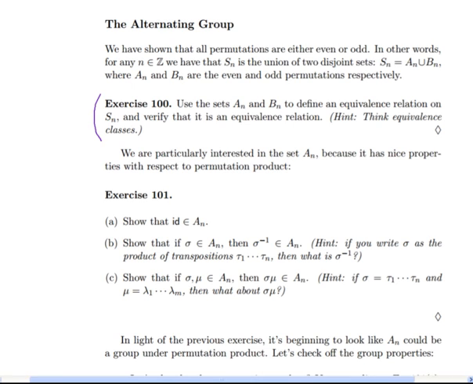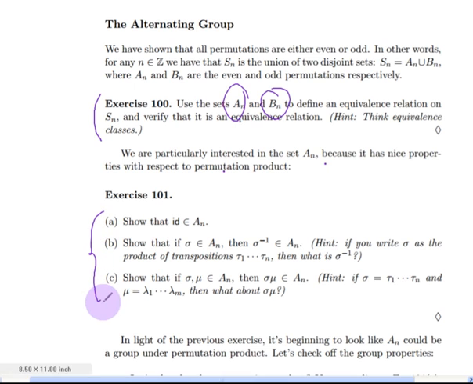All right, so the question arises, is it possible that An or Bn is a subgroup? Remember, An is the set of even permutations and Bn is the set of odd permutations. Well, actually, you can eliminate one of these right away because a subgroup has to have the identity, and only one of them has the identity.